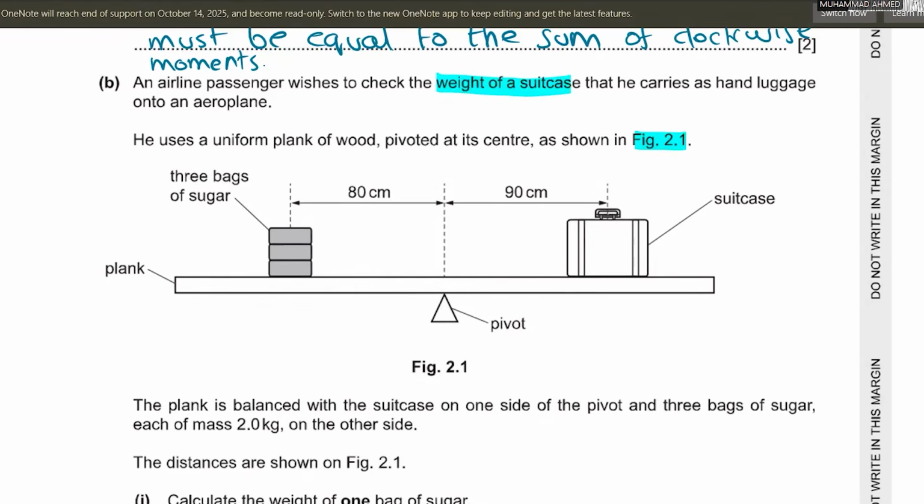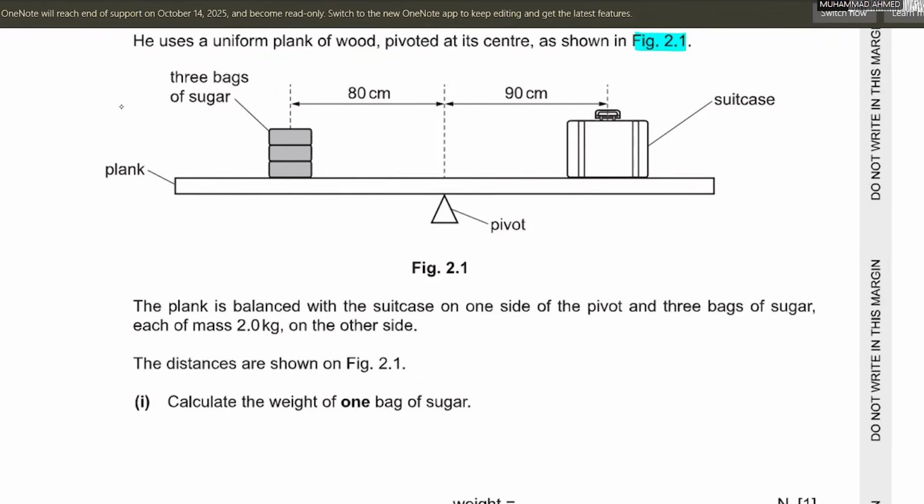The plank is balanced with the suitcase on one side of the pivot and three bags of sugar, each of mass 2 kg, on the other side. So basically you have 3 bags of sugar, each of 2 kg, on one side, and you have a suitcase on the right hand side. The distances are shown in figure 2.1. Calculate the weight of one bag of sugar.